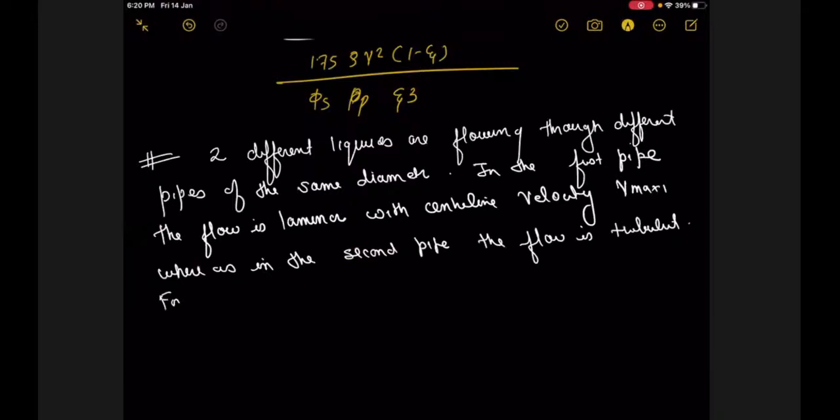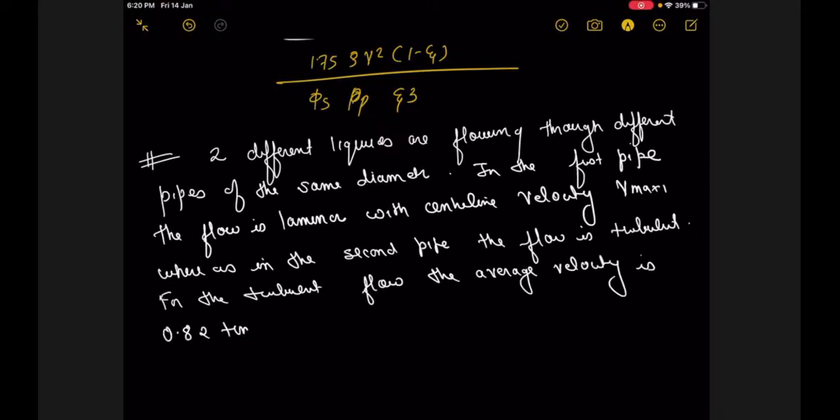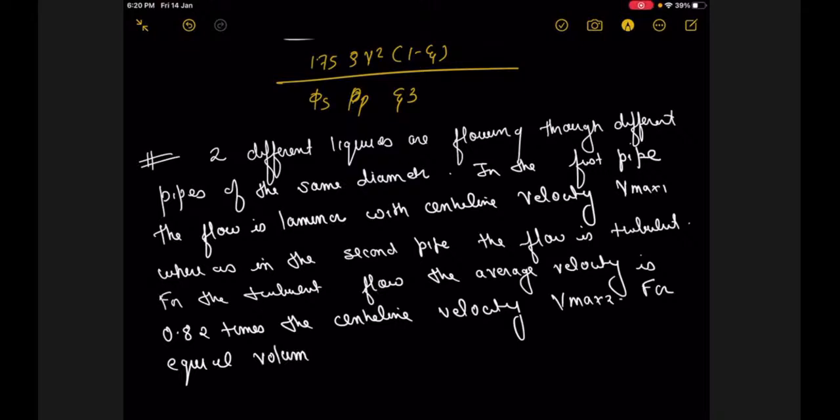For the turbulent flow, the average velocity is 0.82 times the center line velocity V max 2, for equal volumetric flow rate in both the pipes.